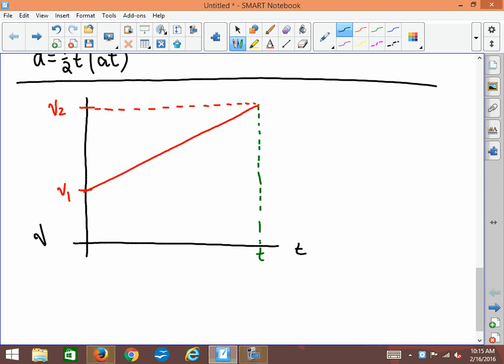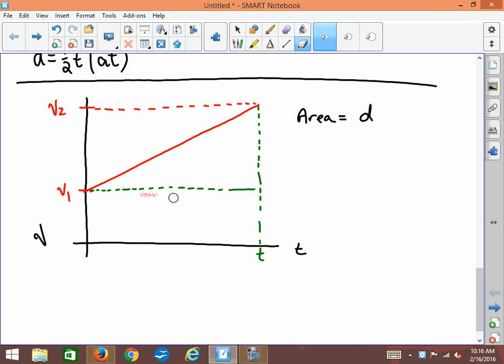Well, now I can say the same thing. I can say that the area is equal to the displacement. But the area is a little more complicated because you'll notice I have two shapes. I have sort of a green shape, which I'm going to make green on the bottom, a rectangle. So I have to get that area right here. Let's go green.